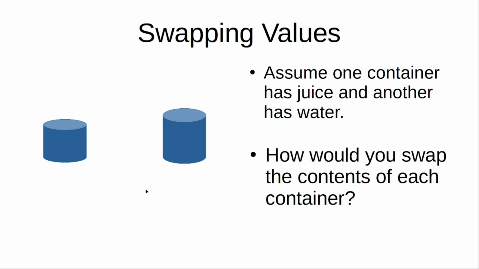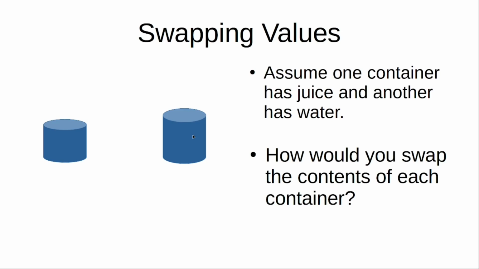Before we continue, I want to talk about swapping values. A lot of the sorting algorithms use some sort of swapping mechanism to sort the array, so here's a short discussion about that. Assume one container has juice. We'll say the left container has juice, and another container has water, the one on the right.